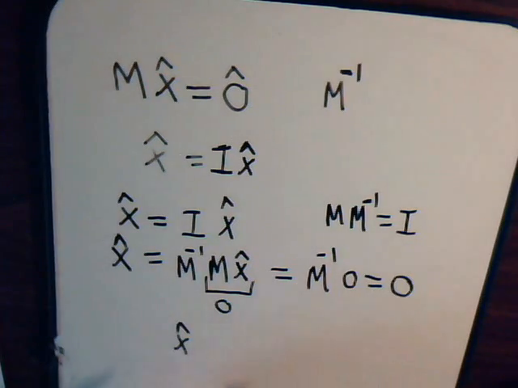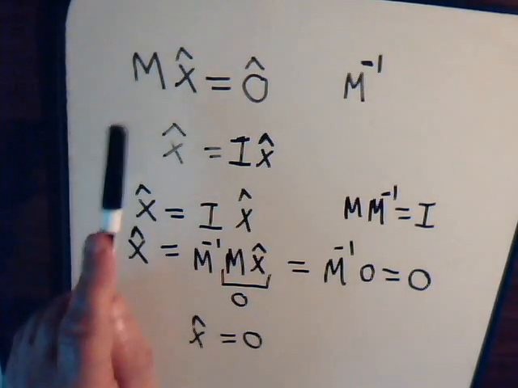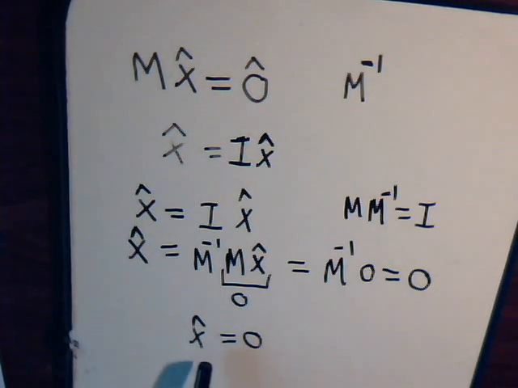X bar, our column vector, equals 0. So it's not a difficult thing to demonstrate, but it does have important consequences. So here then, the only solution that exists for this equation is for this to be 0.